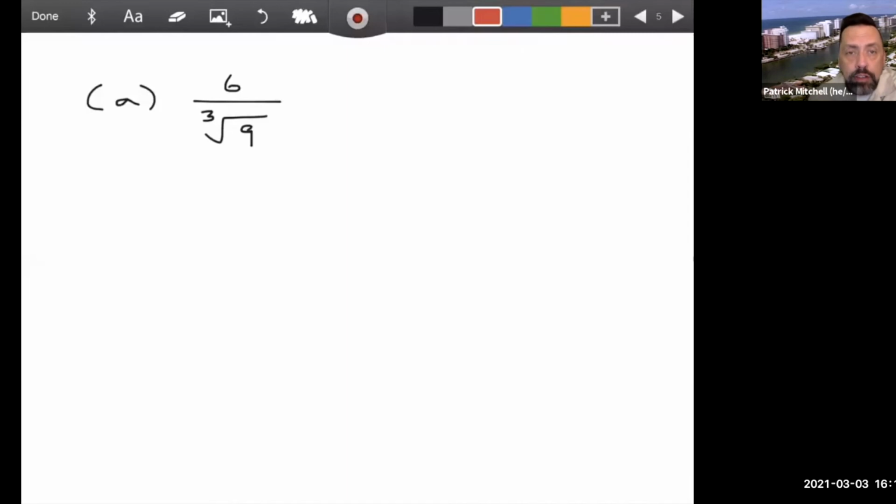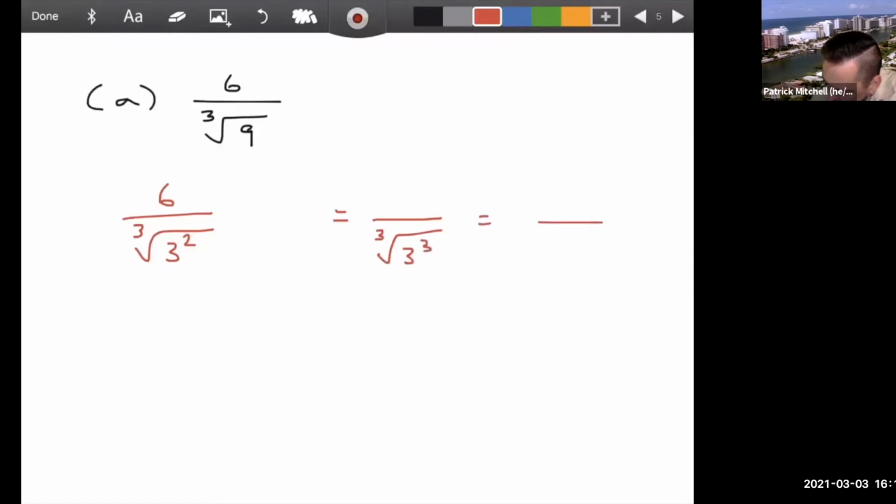What I suggest whenever you're doing an nth root is that you prime factor your radicand. Remember, the radicand is what's under the radical. So in the case of 9, it would just be 3 squared. And then I would suggest that you think about how you make that cube root of 3 squared into the cube root of 3 cubed, because you know that's how you're going to get your 3.